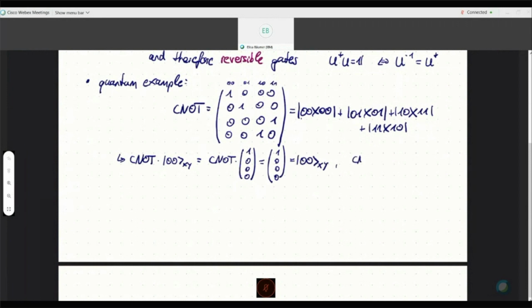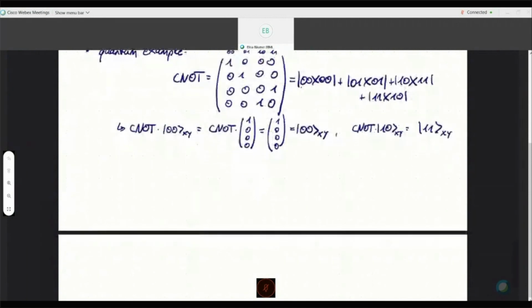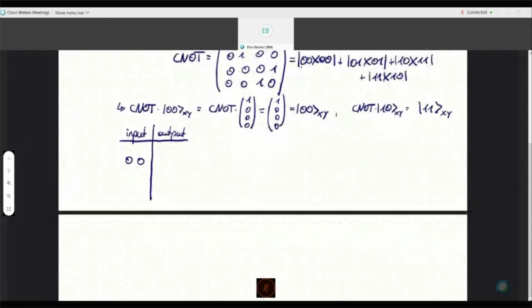If, however, we apply the CNOT gate to the state 1, 0, what we will get back is the state 1, 1 on X and Y. So let's make an input and output table. We have 4 possible basis states as input: 0, 0, 0, 1, 1, 0, 1, 1.